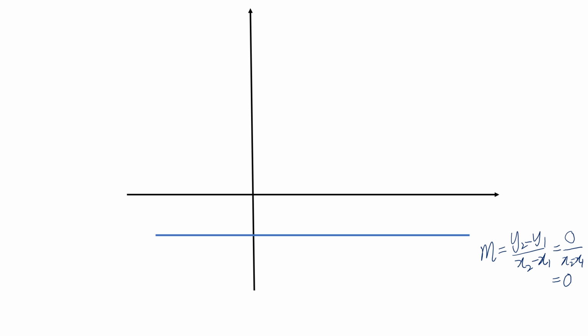And in this case, if you substitute m to be 0, then the equation of a horizontal line will be just the y-coordinate. So supposing this line here has a y-coordinate of -3, then the equation of this horizontal line will just be y equals to -3.